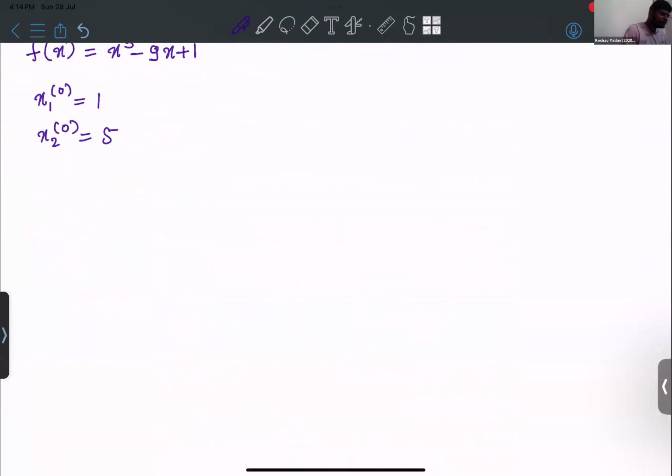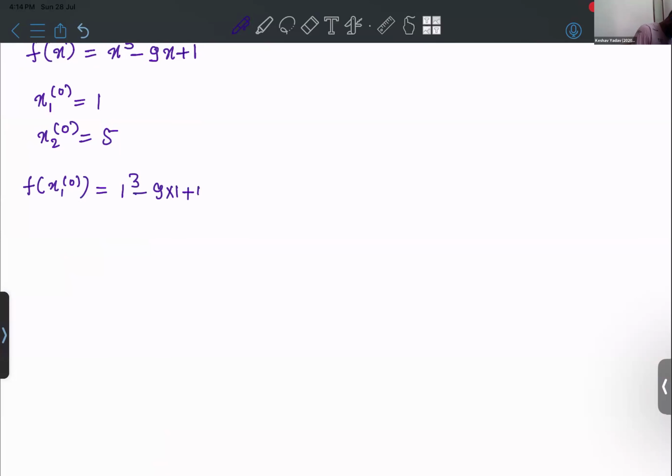So first what we need to do? First we will find the value of this function at these two initial guesses. So f of x1 at the 0th iteration will be equal to 1 cube minus 9 multiplied by 1 plus 1.